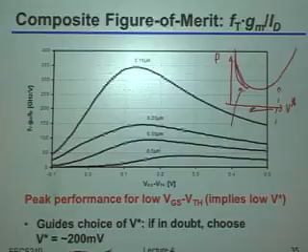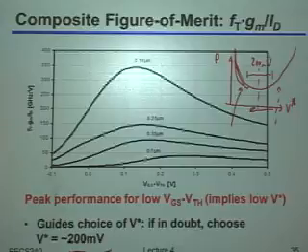Okay? So it turns out that, over a pretty reasonably wide range of the gain bandwidths you're probably interested in, this curve here is typically centered at approximately 200 millivolts V star. So that's my admittedly very hand-wavy, but quite useful reason for choosing V star of 200 millivolts all the time.